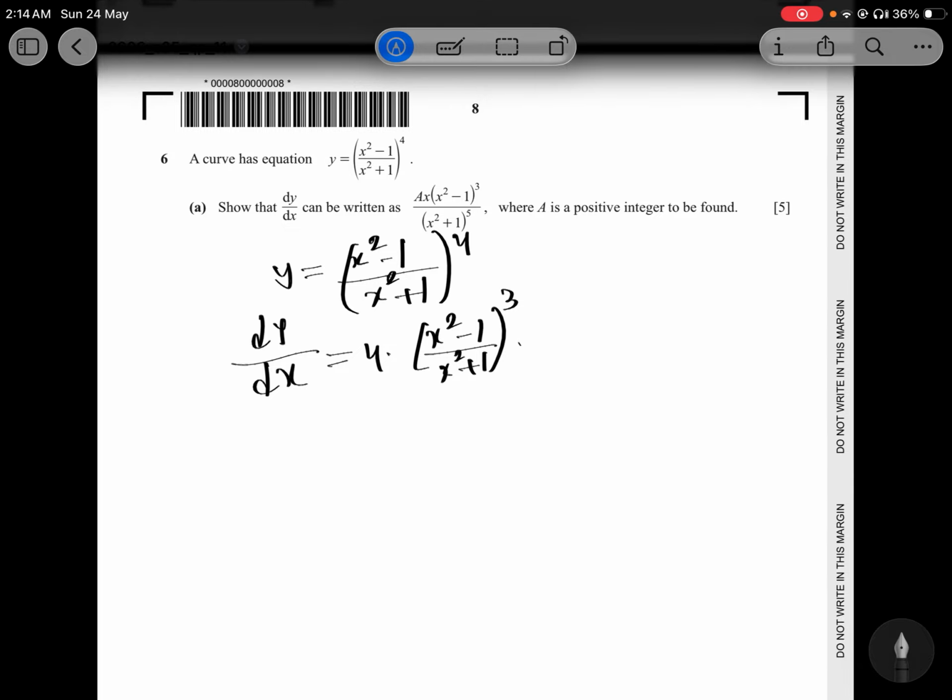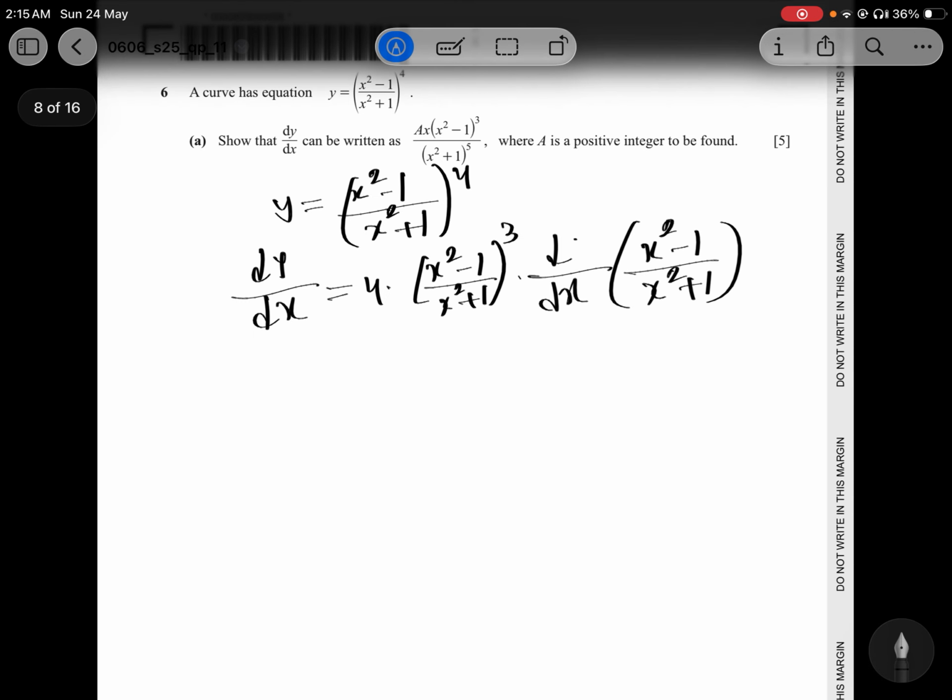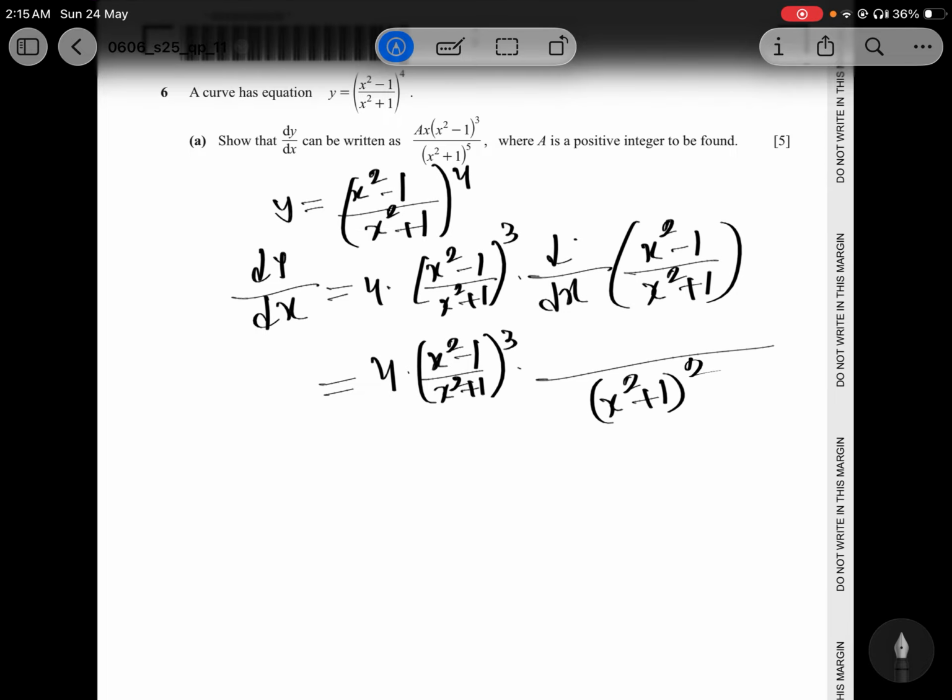Now again d/dx of (x squared minus 1) over (x squared plus 1), times 4 times (x squared minus 1) over (x squared plus 1) to the power 3. Okay, now I'll use the quotient rule. The denominator is (x squared plus 1) squared. (x squared plus 1) is our constant term, so I'll get 2x here, minus (x squared minus 1), I'll have 2x here as well.